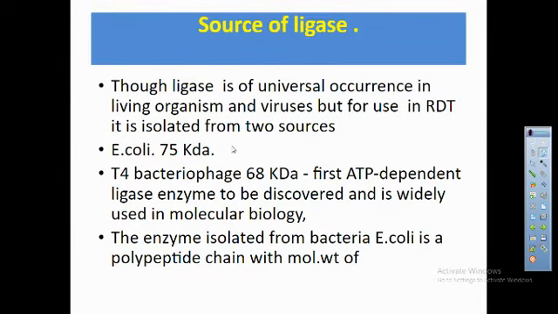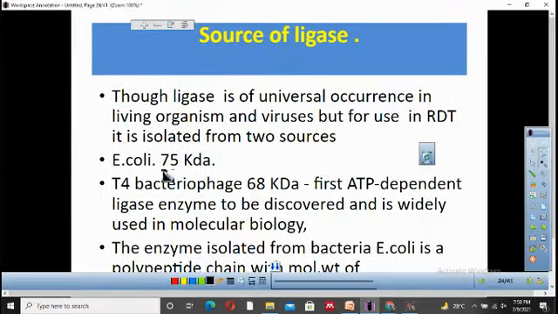One is E. coli and another one is the T4 bacteriophage. Besides, other ligases are also created in the laboratory to provide more efficiency, which I will deal with in the next slide. E. coli DNA ligase is a 75 kilodalton monomeric protein, while the T4 bacteriophage ligase is 68 kilodalton.